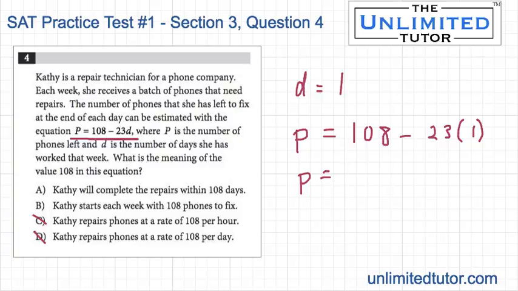This is the no calculator section. Okay, minus 23. I just want to be exact here. 85. Okay, so after 1 day, the number of phones she has left to fix is 85. That's interesting. What if we made D 0?